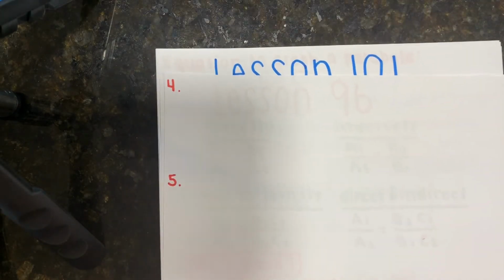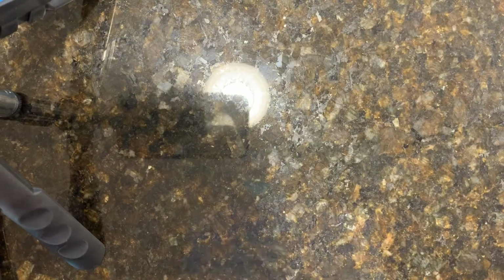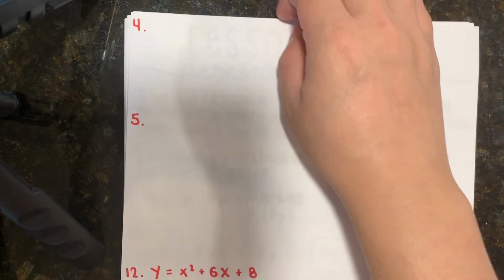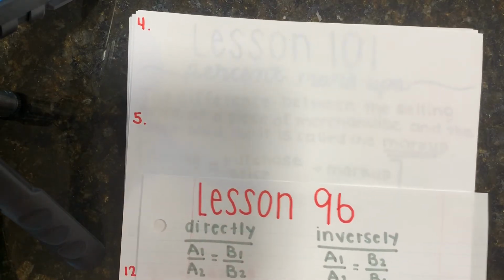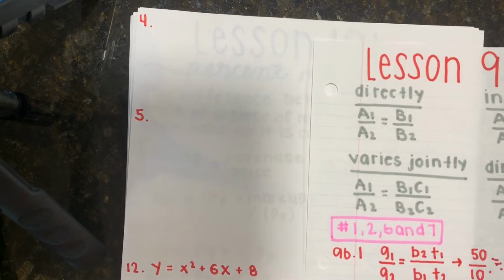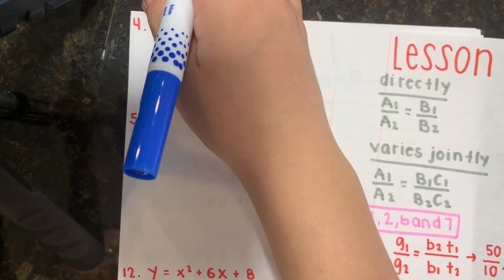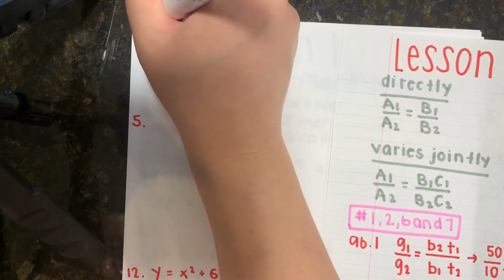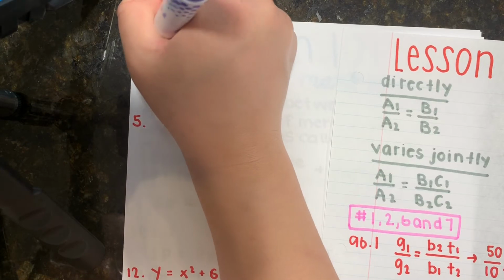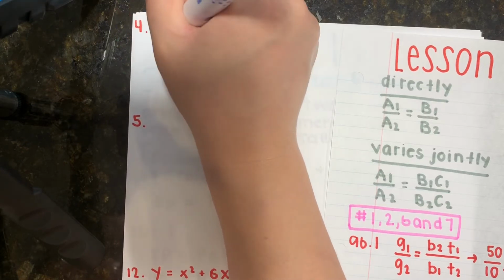Now moving on to number 4, another word problem, and this one's going to be based off of lesson 96. So I'm going to pull out my notes from lesson 96, and it says that the number of potatoes vary jointly as the number of mules and the number of farmers squared. So first of all, I start with the potatoes, so that would be P1 over P2.